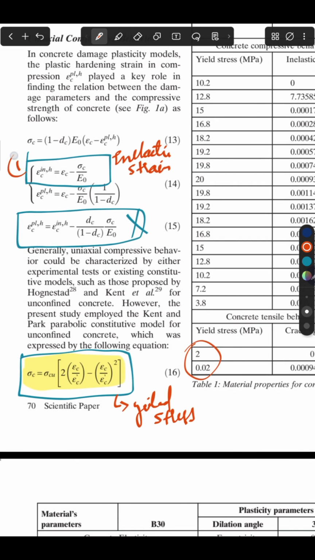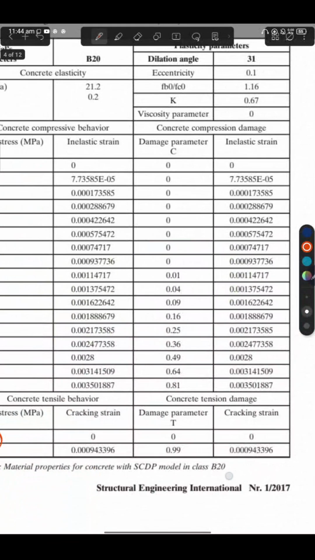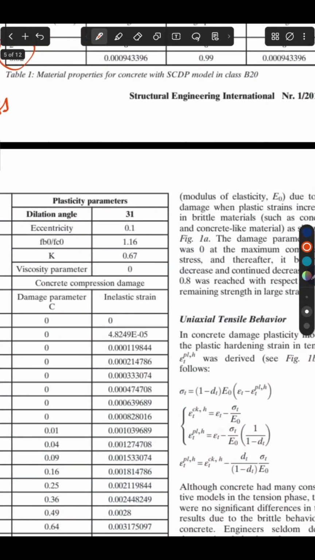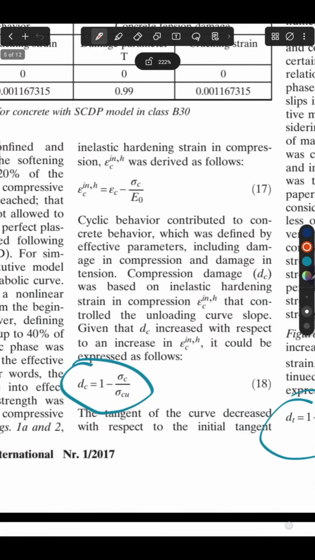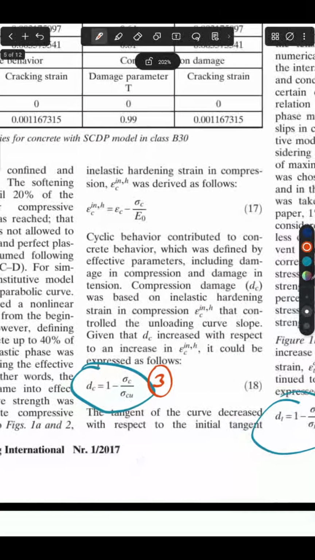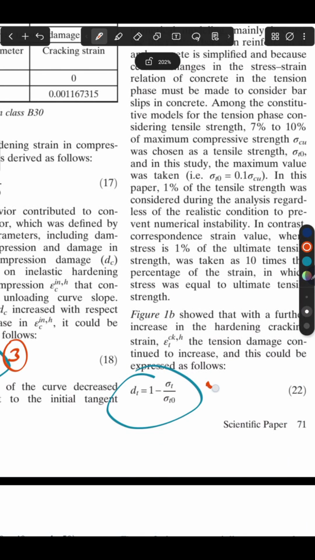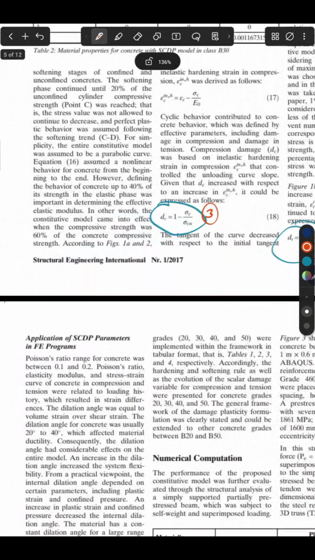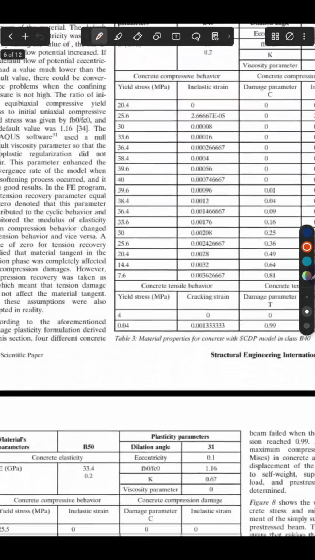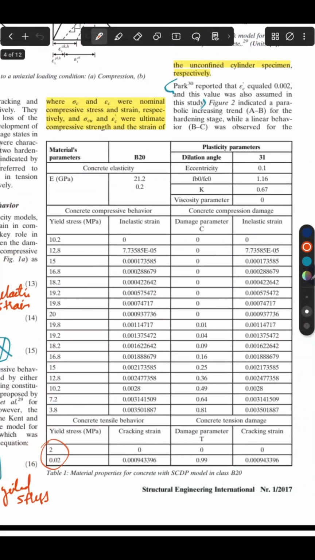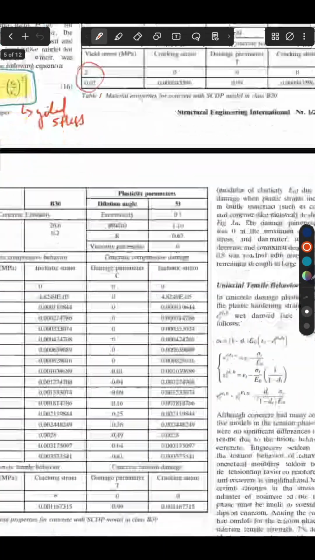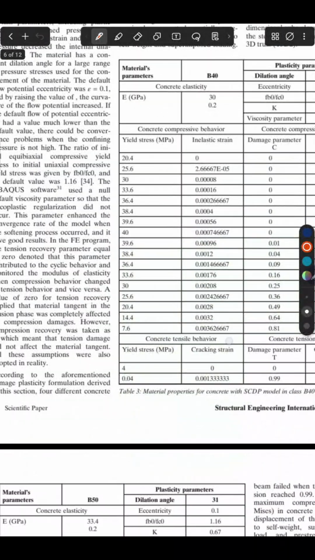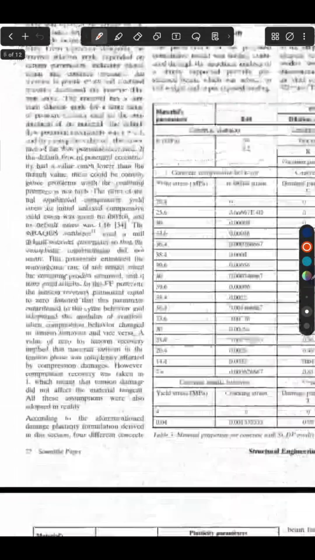So the first formula is this one, second this formula, and the third formula which we will use is for the damage parameter in compression, and the fourth formula is the damage parameter in tension. Now in this paper they also give some data for B20 concrete, B30, B40 and B50 concrete.